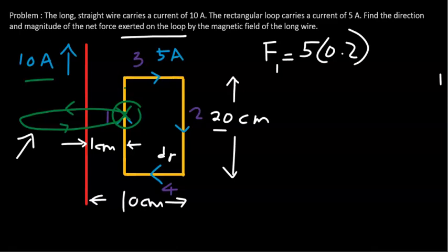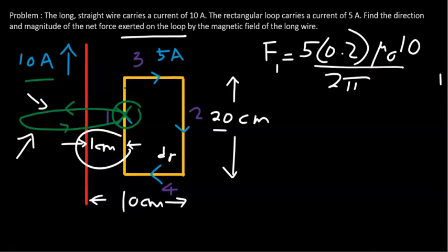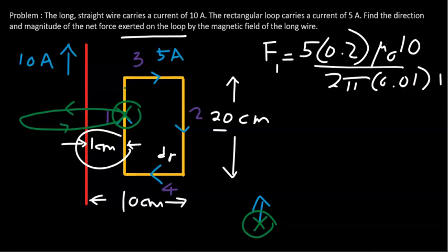The magnetic field at side 1 is given by mu naught, the current is 10 ampere that produces that magnetic field at side 1, over 2 pi, and the distance is quite simply just 1 cm. Converting that into meter, 0.01 meter. Note that for side 1, the current is going upward, the magnetic field is going into the board, so the direction of force will be leftward. So that is the direction of F1, leftward.